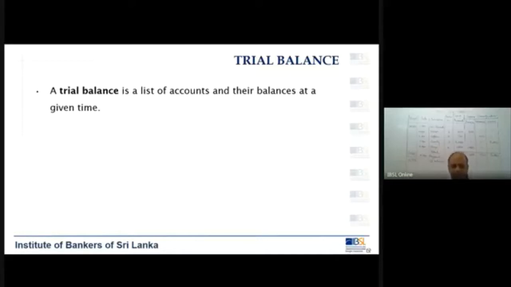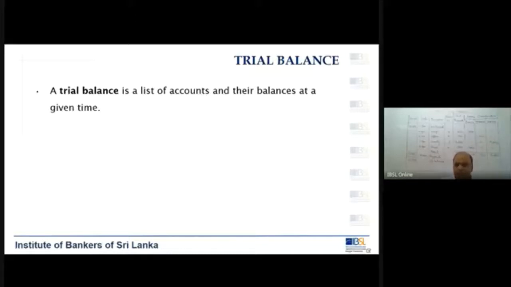So by that time, all of us have gone, the IT team will be working on that, and they will complete the day-end process. When the day-end process is completed, you will carry forward all the balances from the current day to the next day. That is where we will extract a list of accounts and their balances for the next day. This list of accounts and their balances is known as a trial balance.